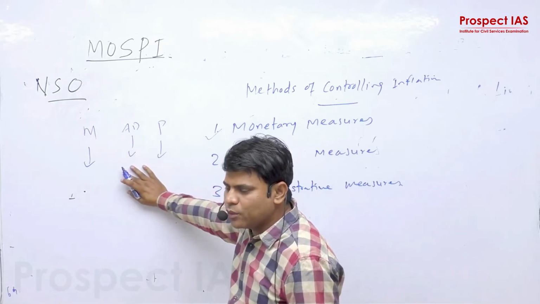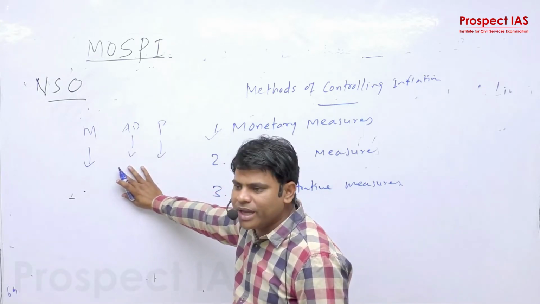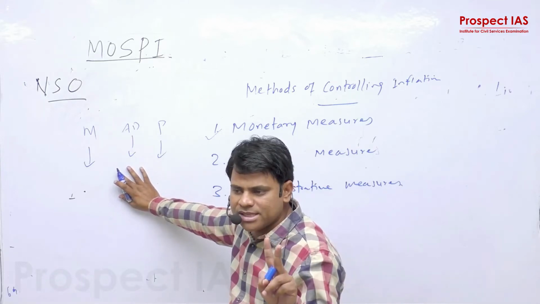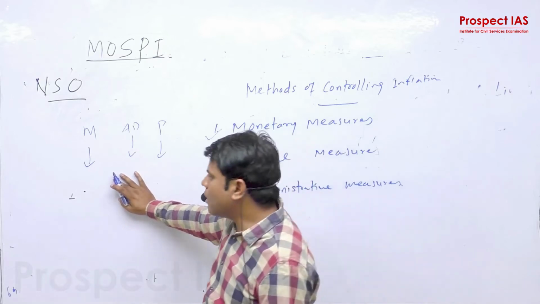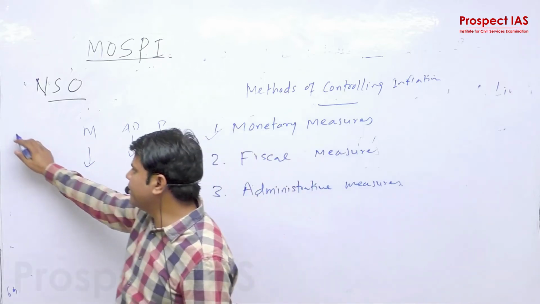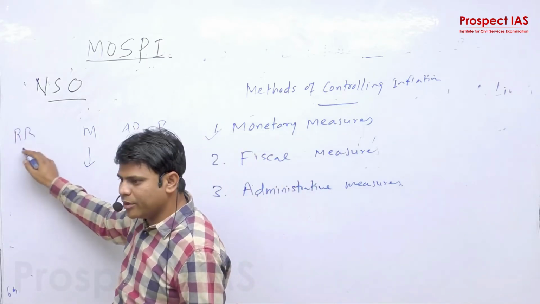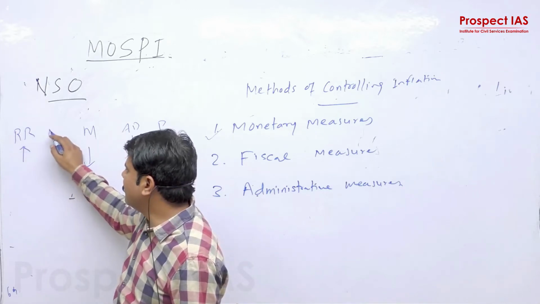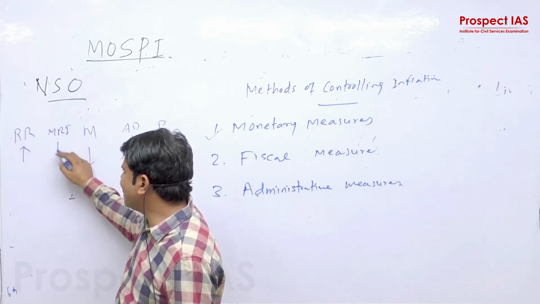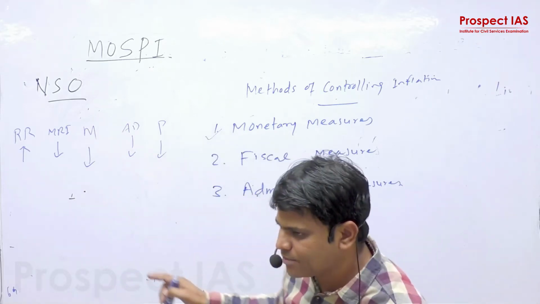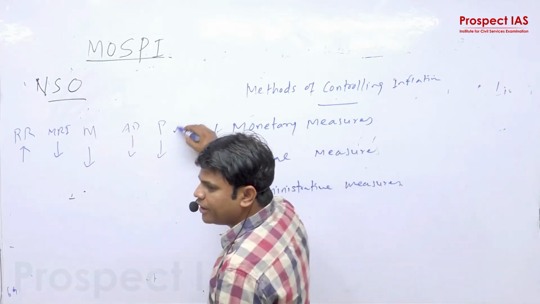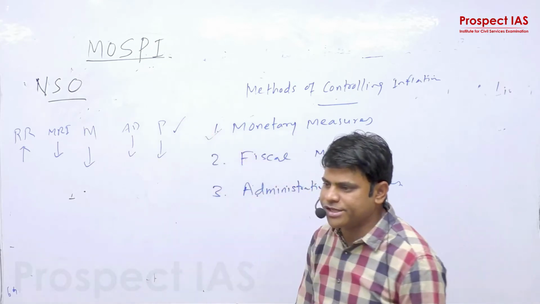And for this, which kind of monetary policy is implemented? We have seen that there are two kinds of monetary policy. One is expansionary and second one is contractionary. So contractionary monetary policy is implemented, in which policy rate like repo rate can be increased, so that market rate of interest increases, and that will bring down the volume of credit, money supply, which will help Reserve Bank of India ultimately controlling of inflation, है ना?